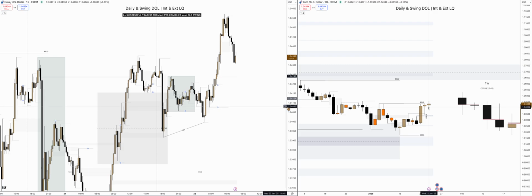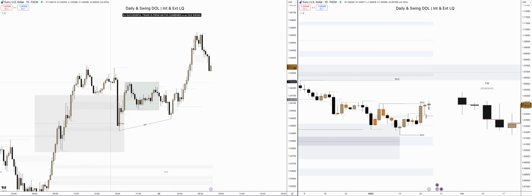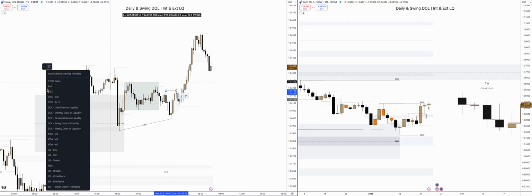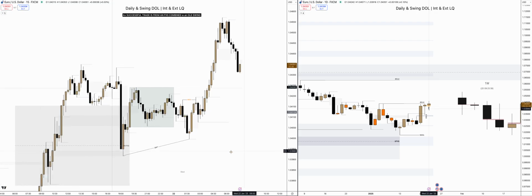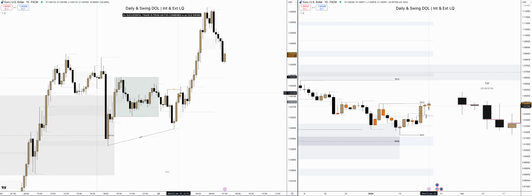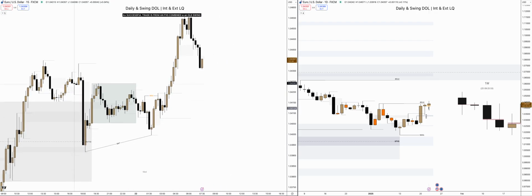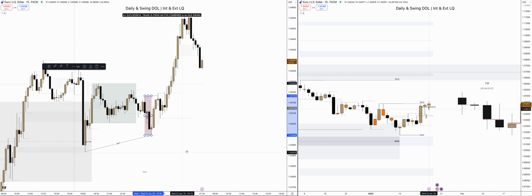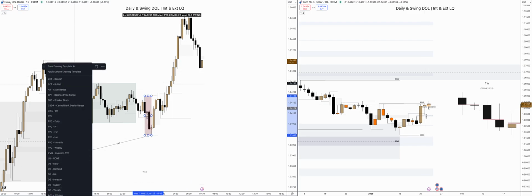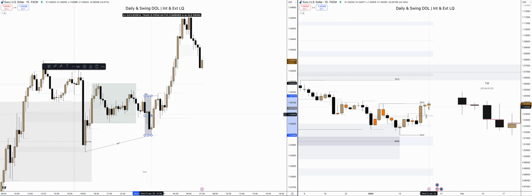I won't get into great detail about it, but essentially it's just understanding that everything you need in your execution plan until you gain a bit of experience is in this market structure shift. This entire block over here contains everything you need. Your breakers, your inversions, your fair value gaps, your unicorn patterns, everything you need.